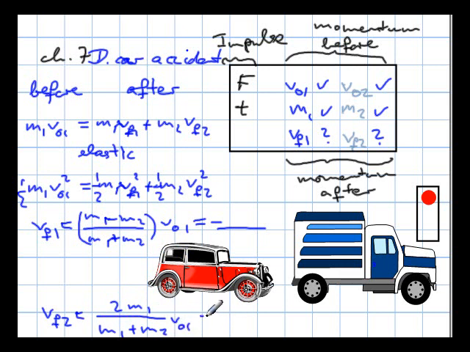Notice one equation doesn't look symmetric to the other one, but the reason is that there's a 0 for v02. When you do the algebra solving for one or the other variable, it will make a difference, and it's not going to come out symmetric as would have been expected.